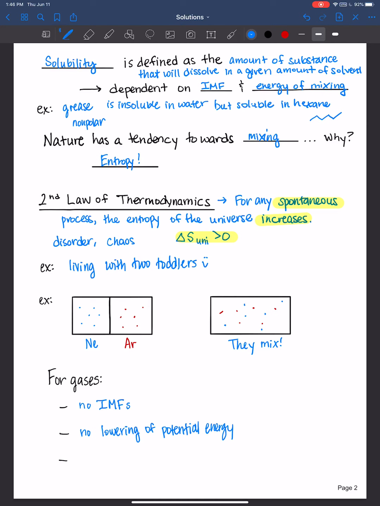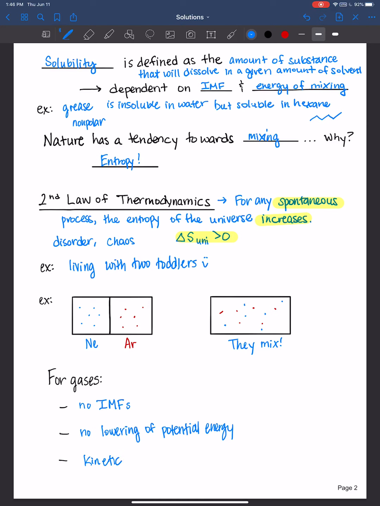And so to make water, which is very stable and much lower in potential energy than the individual atoms themselves, right? That doesn't happen here for noble gases. But what's driving the mixing of these noble gases, it's not intermolecular forces, it's not lowering of potential energy, it's the kinetic energy.